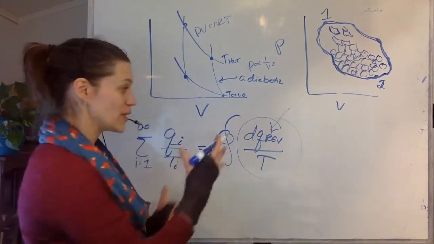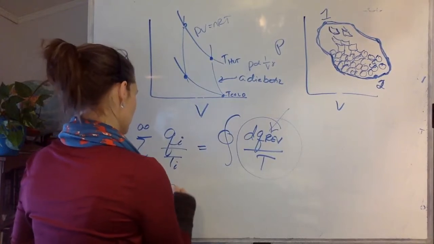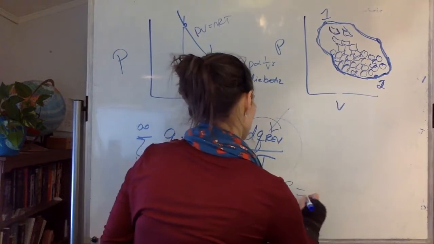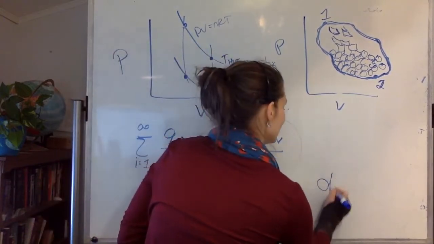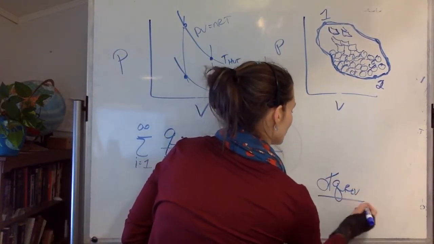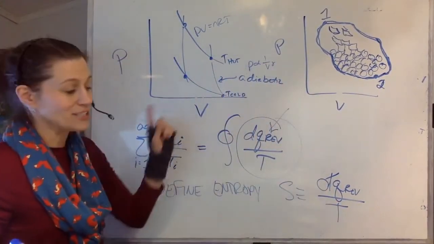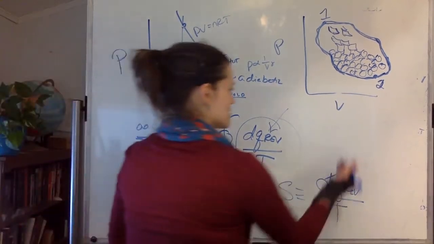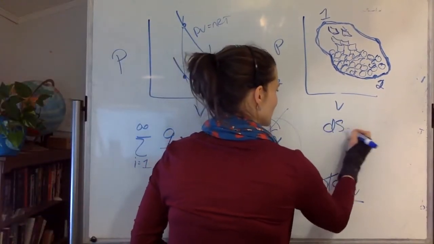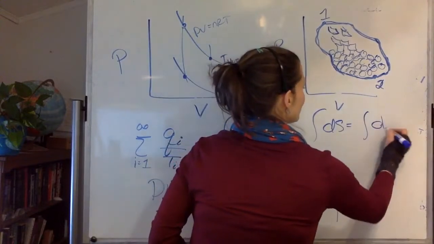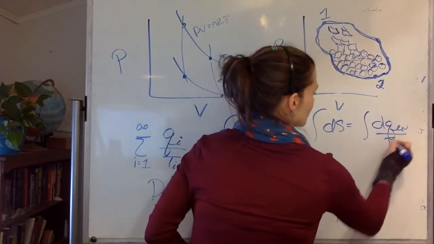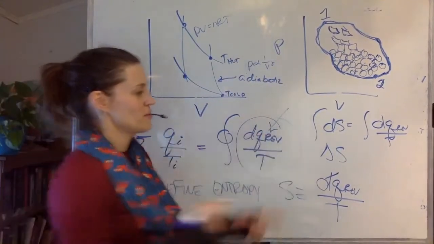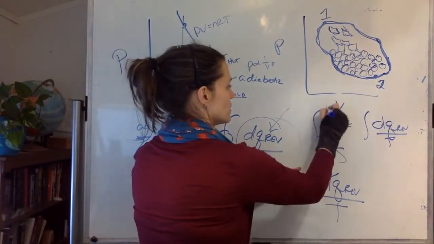So what we can do now is define entropy. S is equal to dq reversible over T. If I do that, and take the integral of this, then dS is equal to the integral of dq reversible over T. That means I get a delta S from state 1 to state 2.